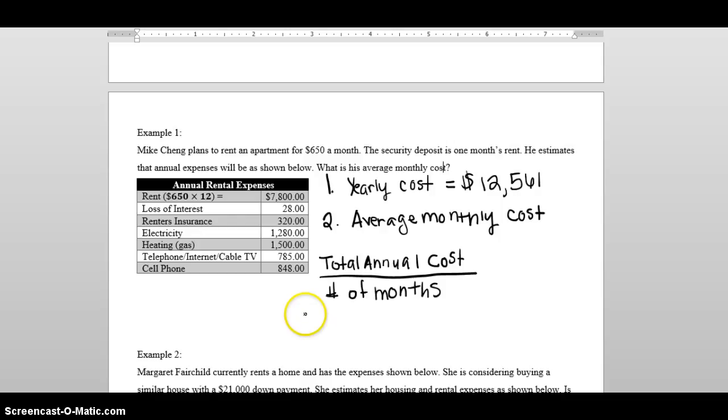So our total annual cost is $12,561, and we're going to divide it by 12 months, which equals $1,046.75.